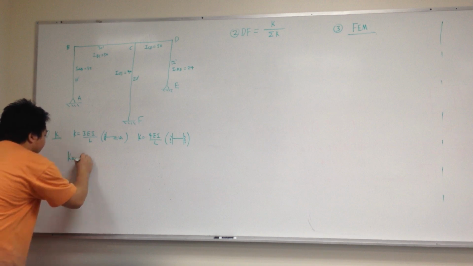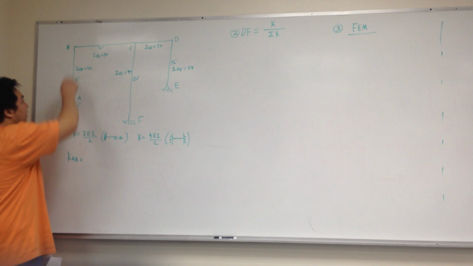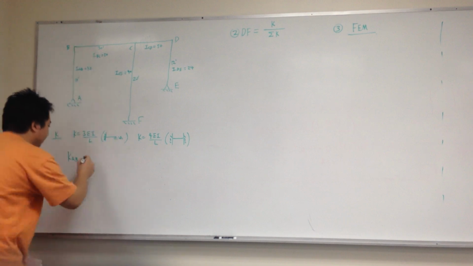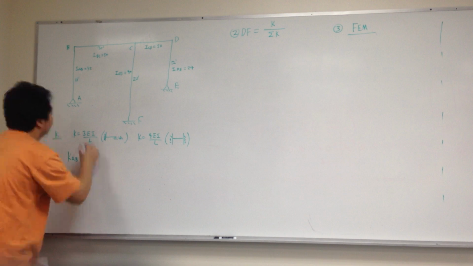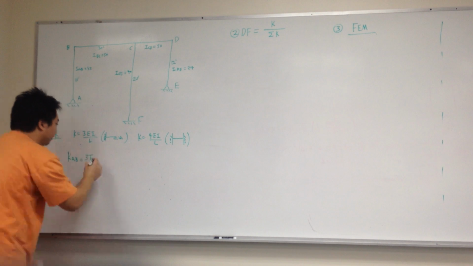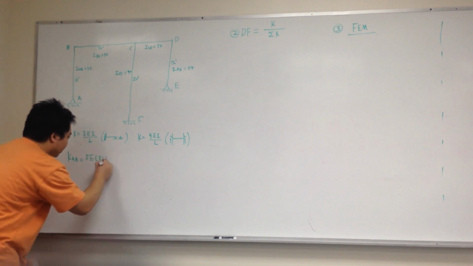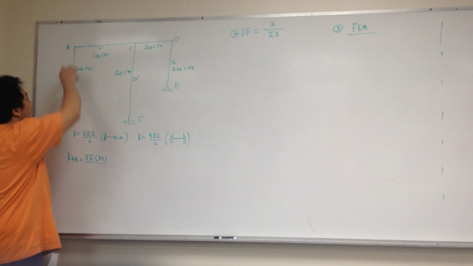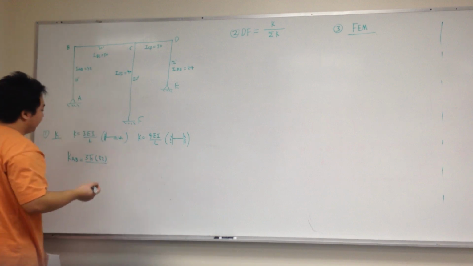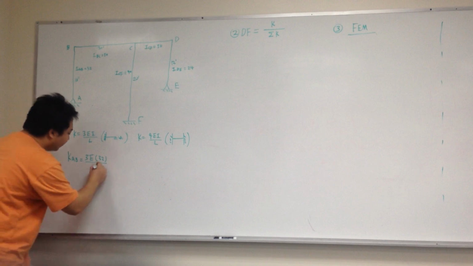KAB. Like I said before, fixed and a pin, so you use this formula: 3E, and in this case our I for AB is 32, over the length of this, which is 16 feet.